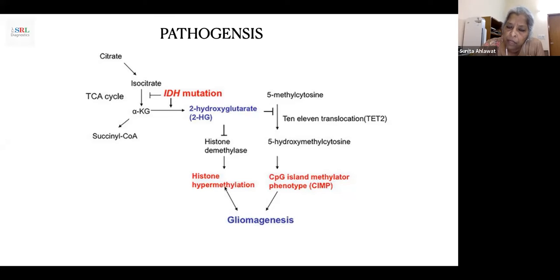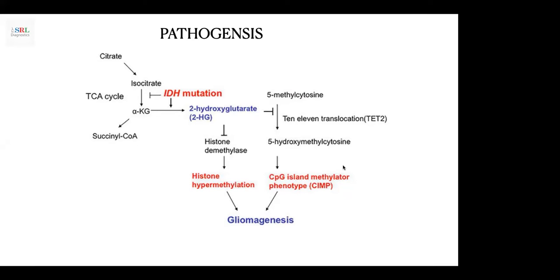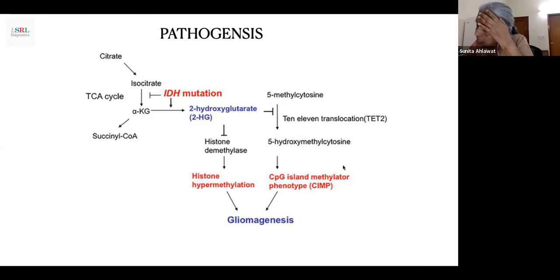When histones are hypermethylated and the DNA is methylated, it results in the CpG island methylator phenotype, also called CIMP.